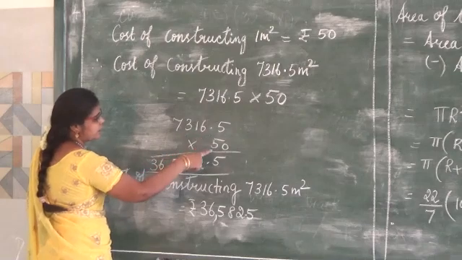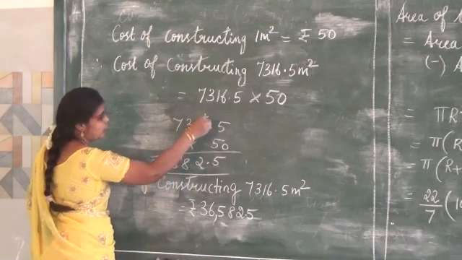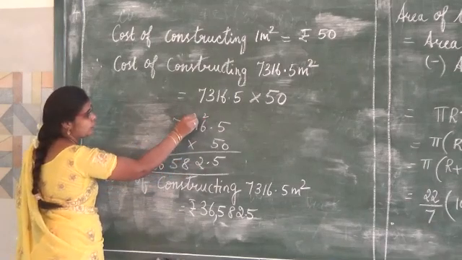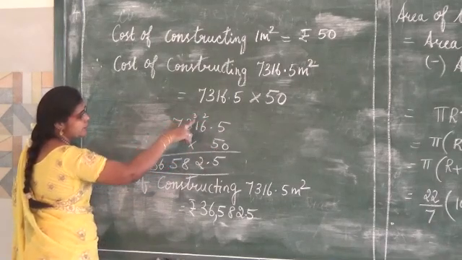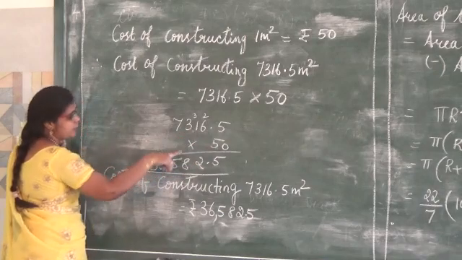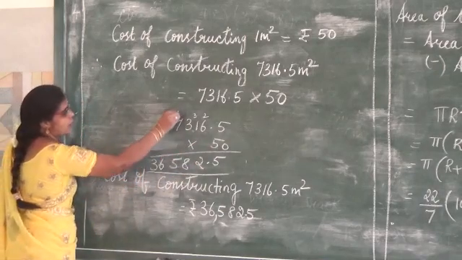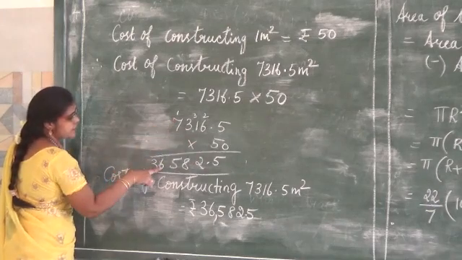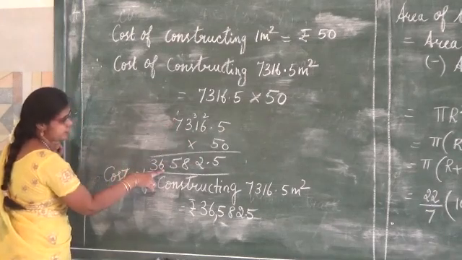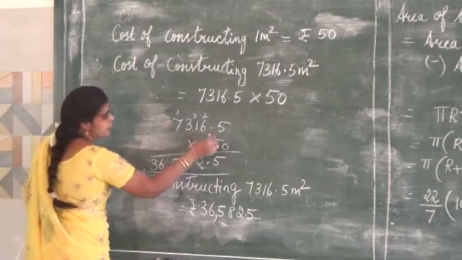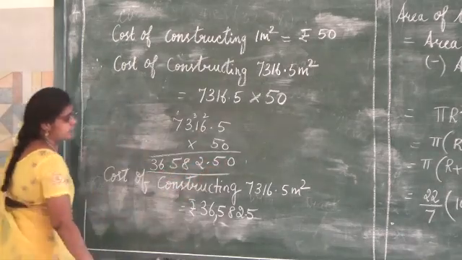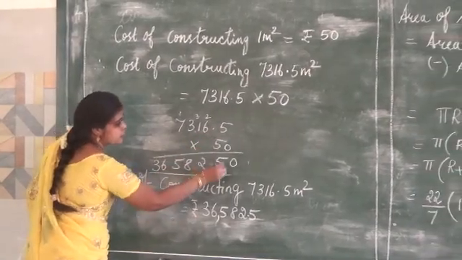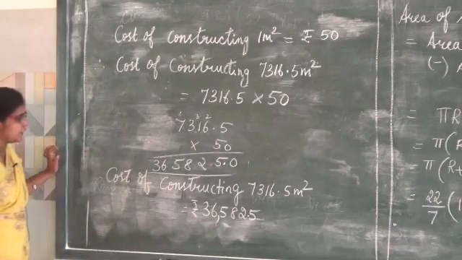Then 6 5s are 25, 2 carry over. 6 5s are 30, 30 plus 2, 32, 3 carry over. So 5, 5 plus 3, 8, 5 3s are 15, 5, 1 carry over, 7 5s are 35, 35 plus 1, 36. So here one more 0 we can add like this. After the decimal point only one digit is there, so you can keep the point here.